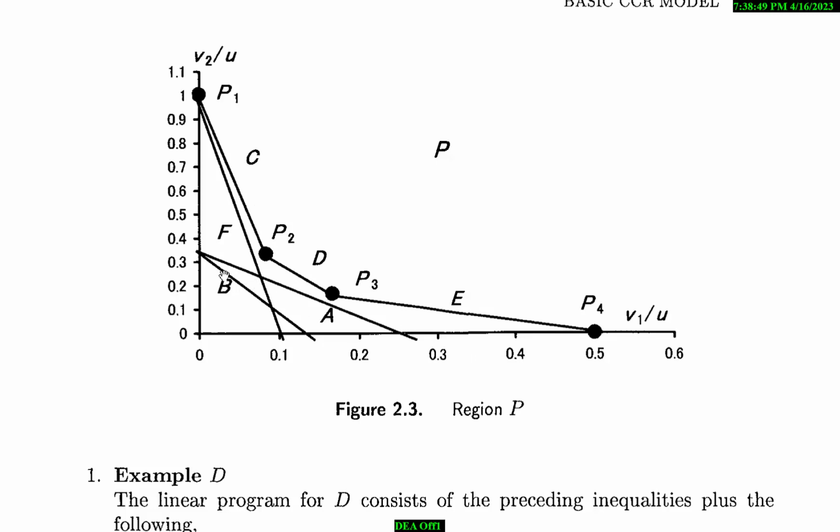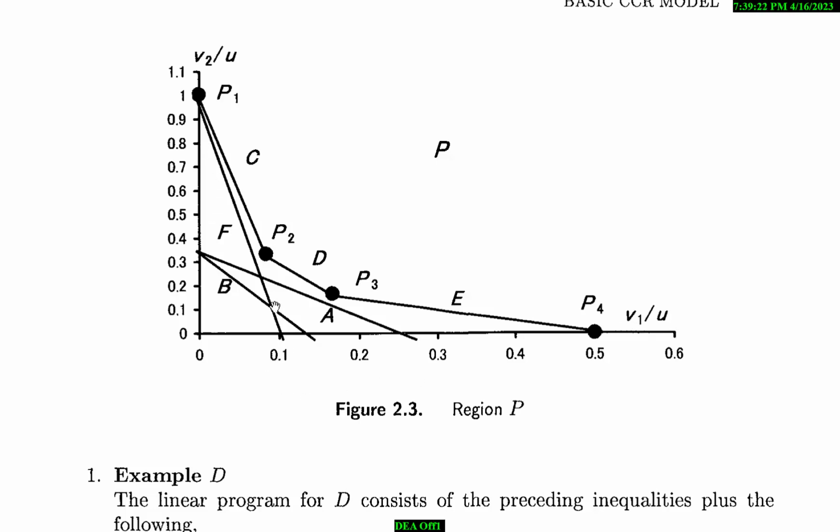A and B have optimal CCR efficiency less than 1. F has optimal CCR efficiency equal to 1, but it is obtained only for a solution in which at least one of the weights, here V1, is not positive.